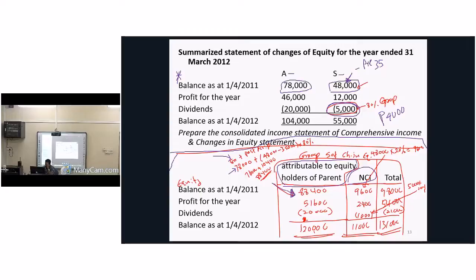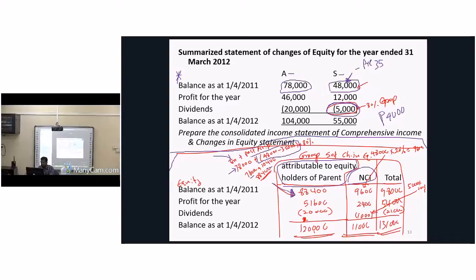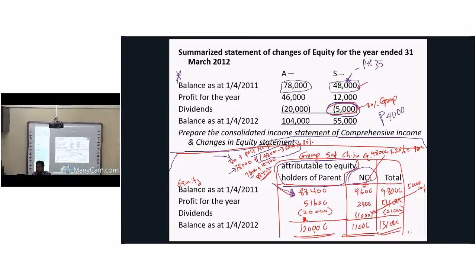Look at this. Post-acquisition equity is how much? 48,000 minus pre-acquisition 35,000. It is 13 into 80%. It means 10,400. Then 10,400 plus 78 is equal to 88,400. That's how we calculate the total equity of the group at the beginning of the year.